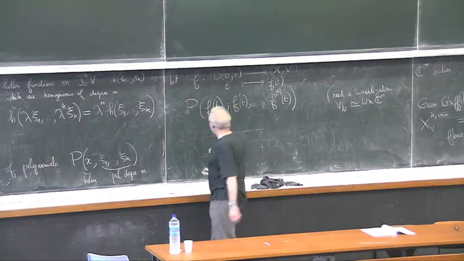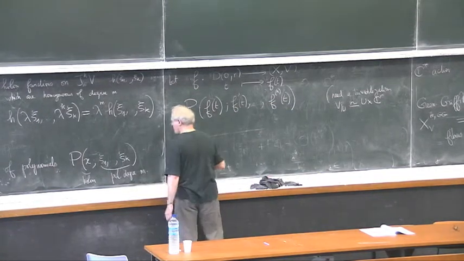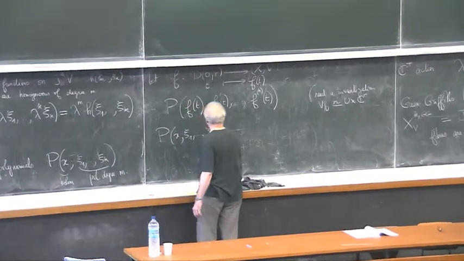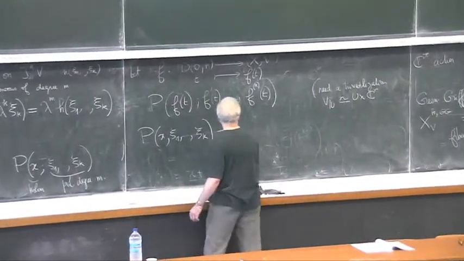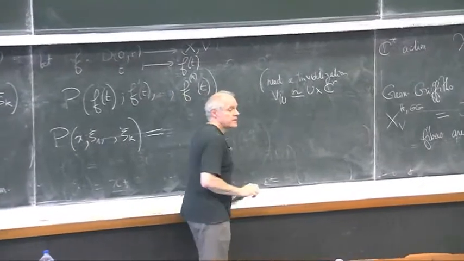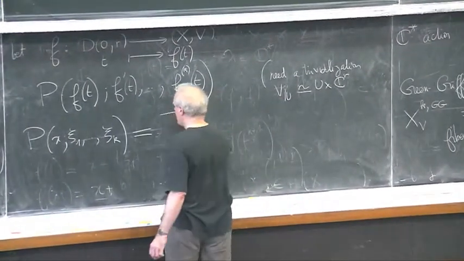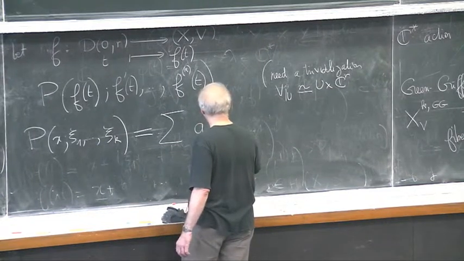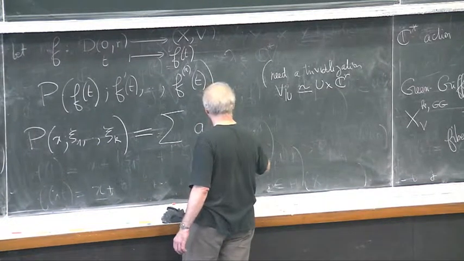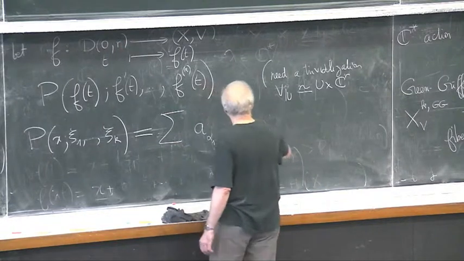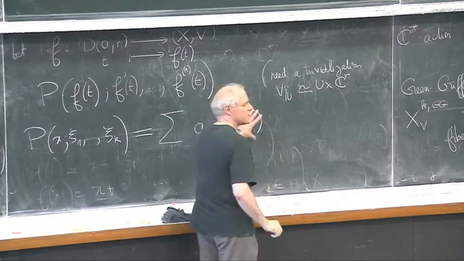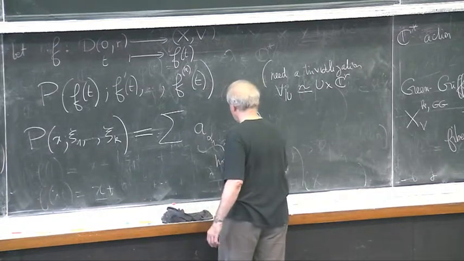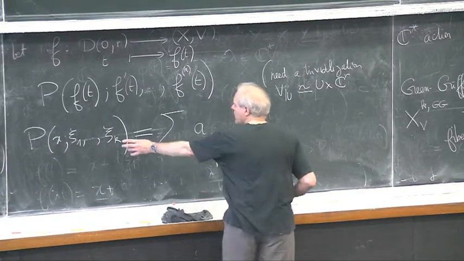Okay, so in coordinates, this is, of course, easy to describe. You have a number of multi-indices and coefficients here, which are just holomorphic functions. And then you have monomials.